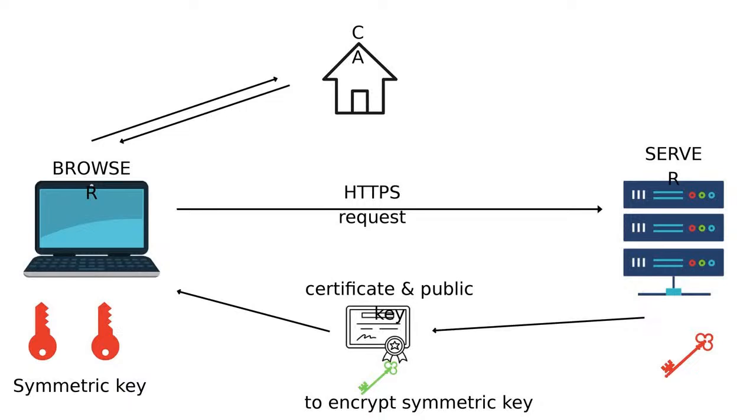Who are you? And then the server will come back with either a certificate and a key, or with neither. If it doesn't have TLS on the server, it comes back with nothing. If it does have TLS, it's going to come back with the certificate and a public key.